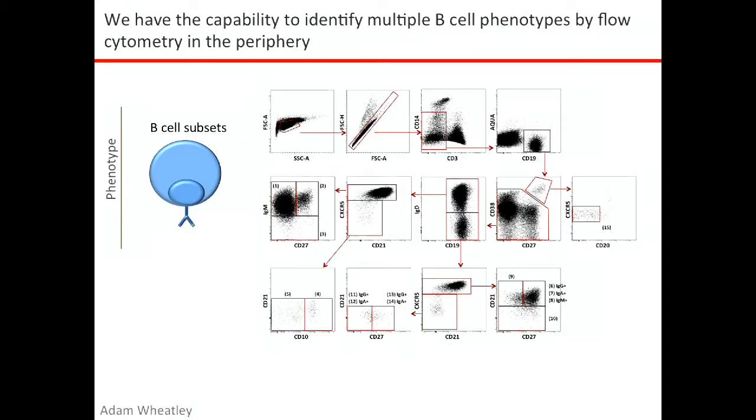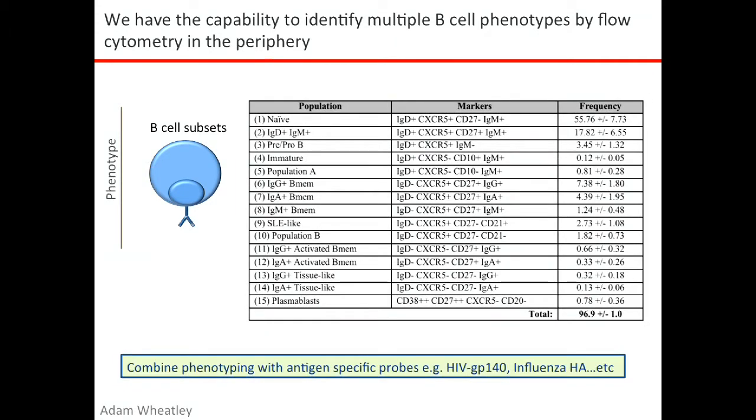We've developed a 15-color panel for looking at different subsets within the periphery of any individual. We can identify these 15 different subsets, and when we combine them with specific probes, such as HIV GP140 or the influenza probe I've just talked about, it becomes a really powerful tool.